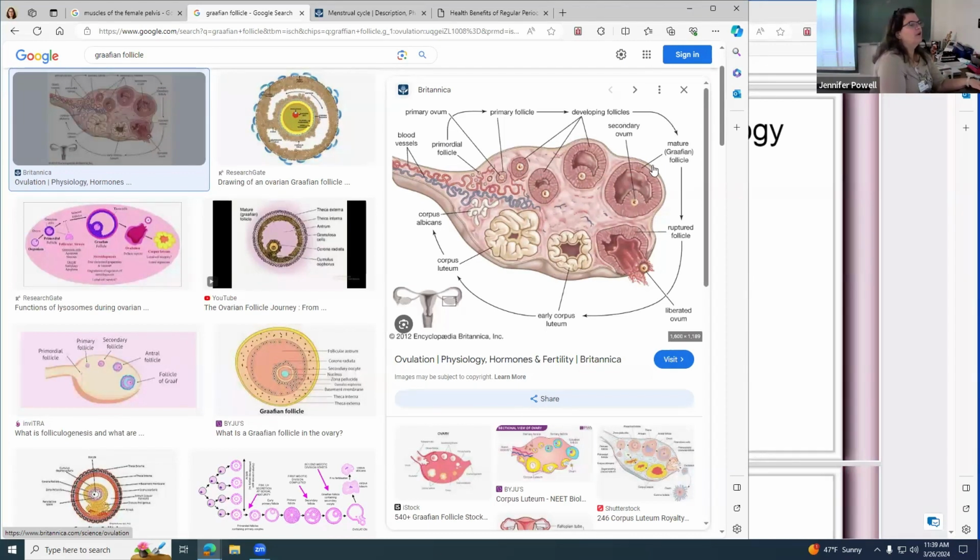Then you've got this liberated ovum, ruptured follicle, early corpus luteum, then the corpus luteum, and then the corpus albicans, which is just like a little piece of calcified peripheral part of that follicle that remains. So that's that.